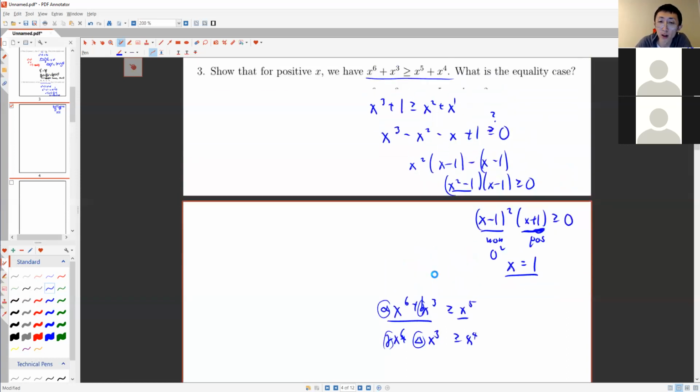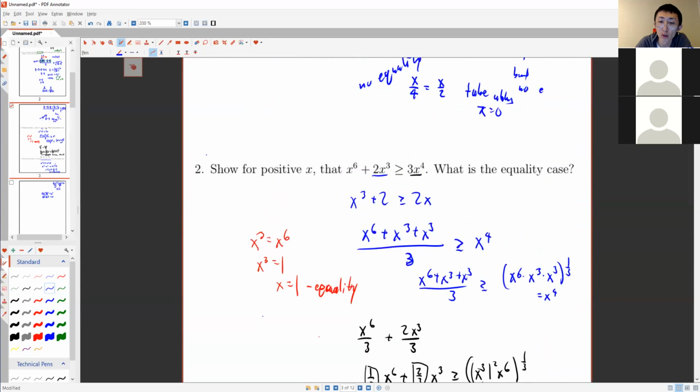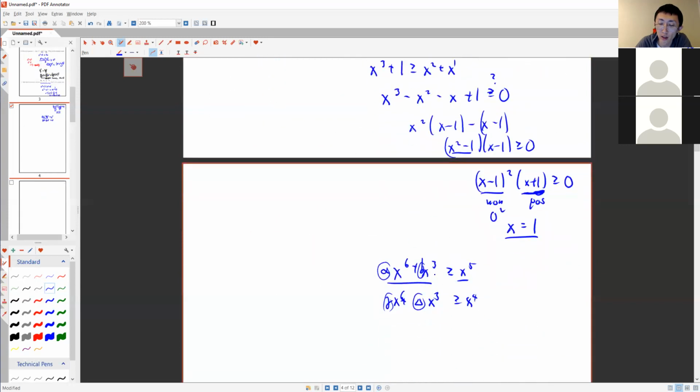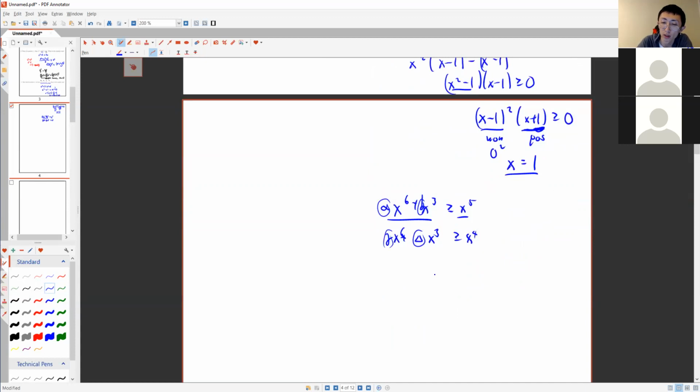The previous problem suggested that, well, maybe it wasn't. If I want this plus this to be greater than or equal to this, maybe one way to do it is we weight this by 2/3 and this by 1/3.